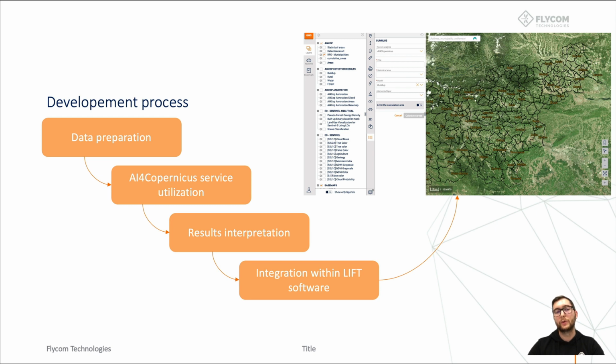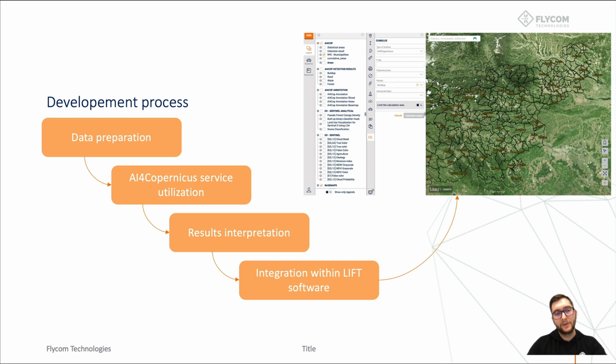First was data preparation, where we got satellite images from Sentinel-2 satellite, where we pre-processed them and annotated them in our LIFT software, where we used hand classification with semi-automated classification with the region growing method.